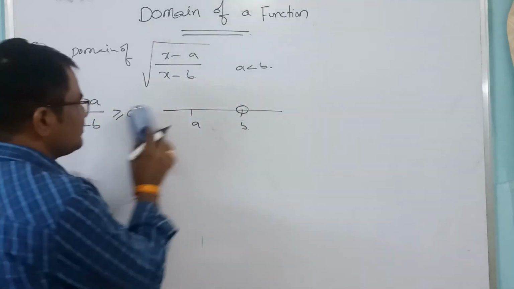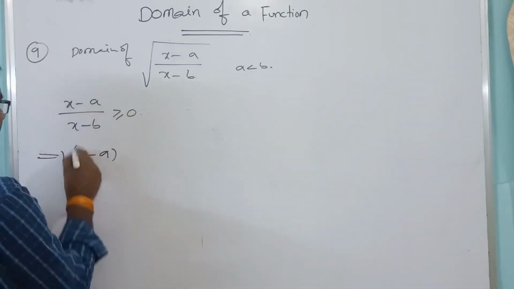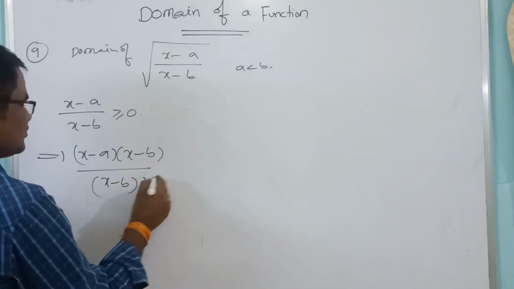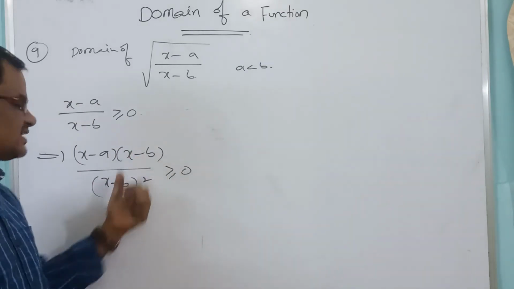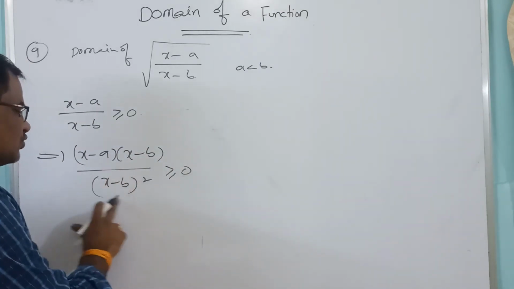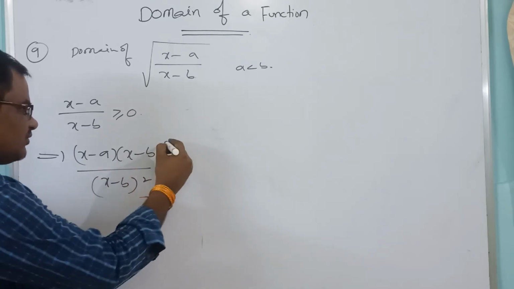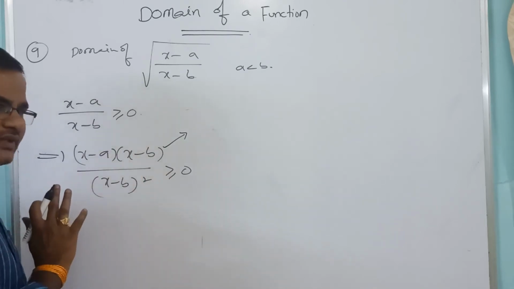Or else you can follow it like this also. (x minus a)(x minus b) by (x minus b) whole square. Can you write? It is nothing but multiplying and dividing by x minus b. But for all the real numbers, the denominator is positive only. Right? So we have to observe whether this is positive or not.